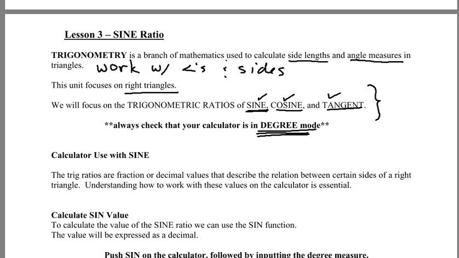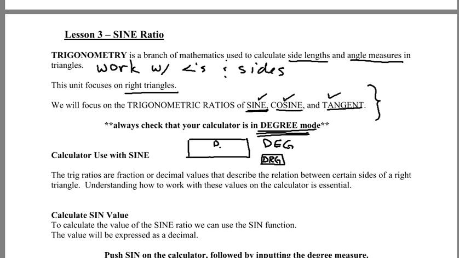Now, if you don't have a graphing calculator, at the top of the display on your calculator, it might have a D or an R or a G. You'll have a button on your calculator that has DRG. If you hit that DRG button, you need to make sure that your calculator has a D on the display really small, or it says DEG for degree.